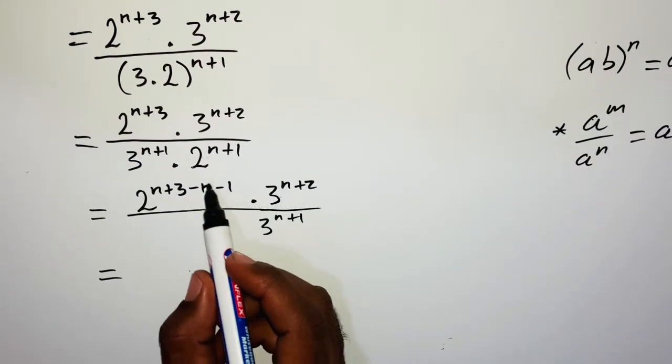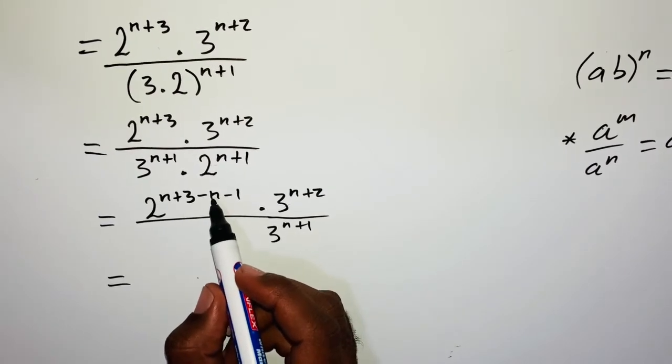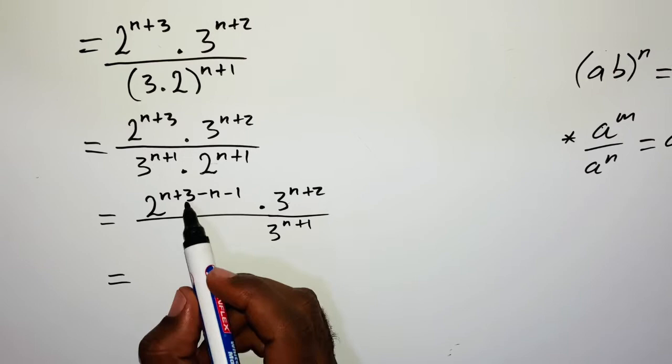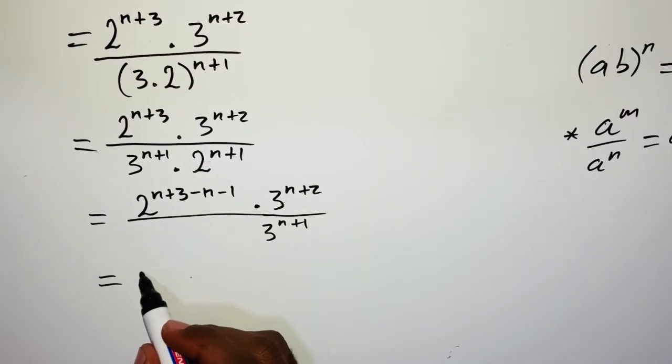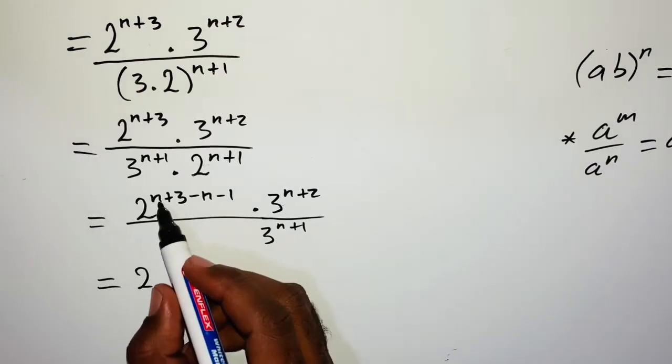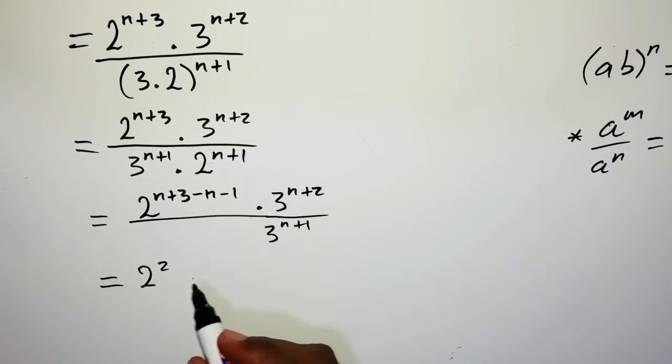And firstly, let's deal with this. n minus n, they are gone. Then we remain with 3 minus 1. So we now have 2 to the 3 minus 1, which is 2 to the 2.